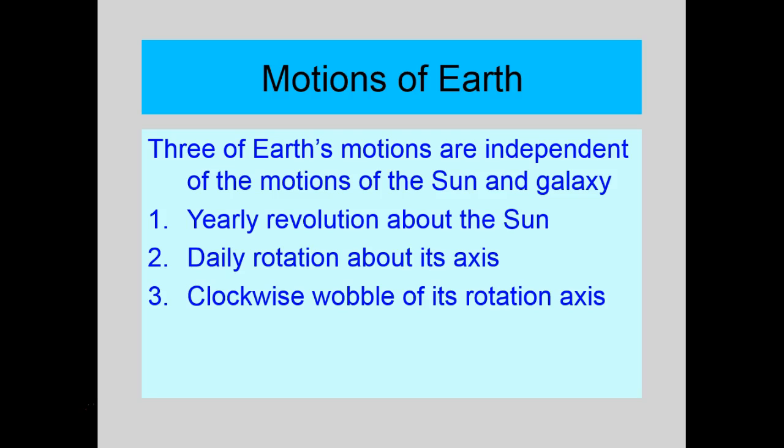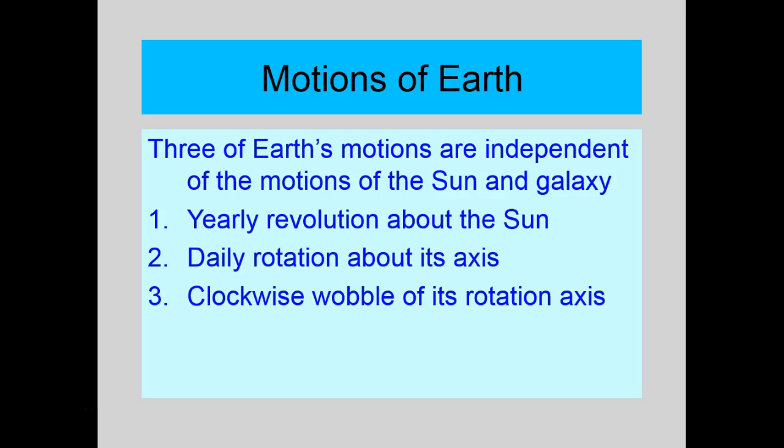Now, these two, 365 days, 24 hours, I don't even know why they put this one in here. We have a clockwise wobble in our rotation axis. That happens on the order of something like 25,000 years.